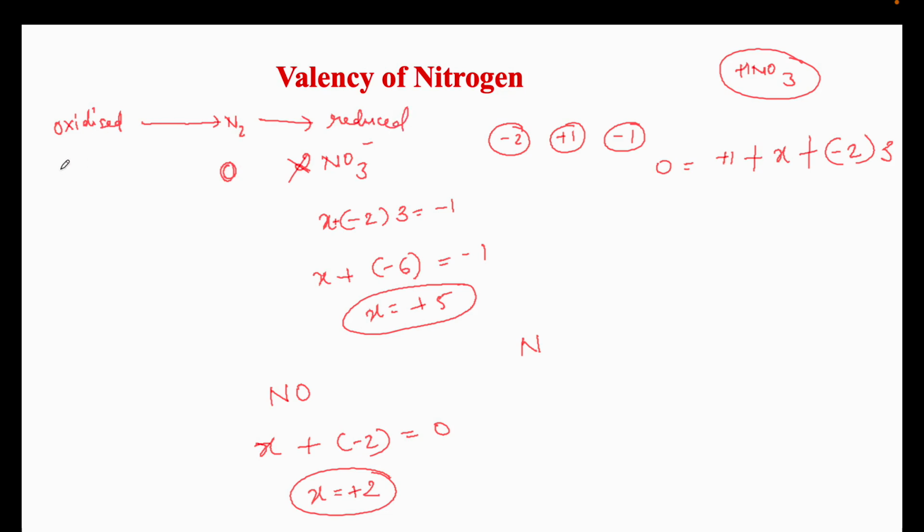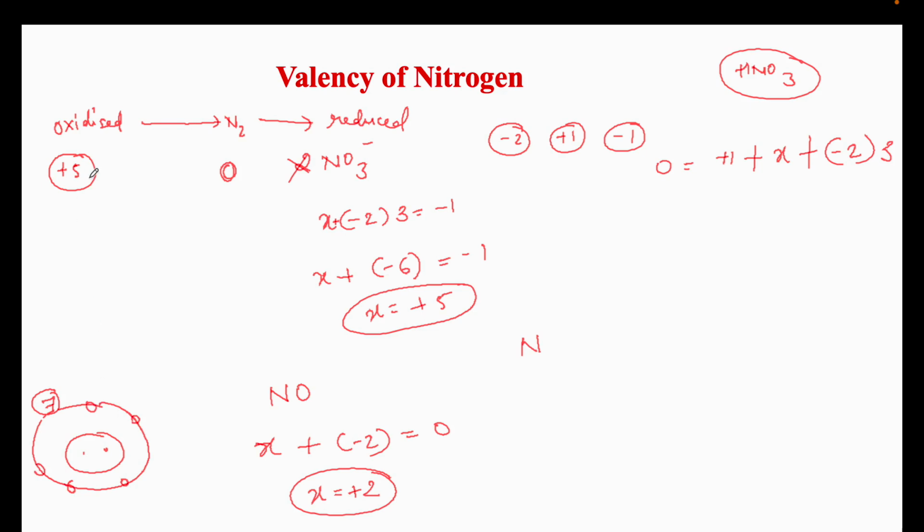So the highest positive valency nitrogen can reach is +5. It has total 7 electrons, right? 2 are in the first orbital, and in the second orbital we have 5 electrons, 1 2 3 4 5.